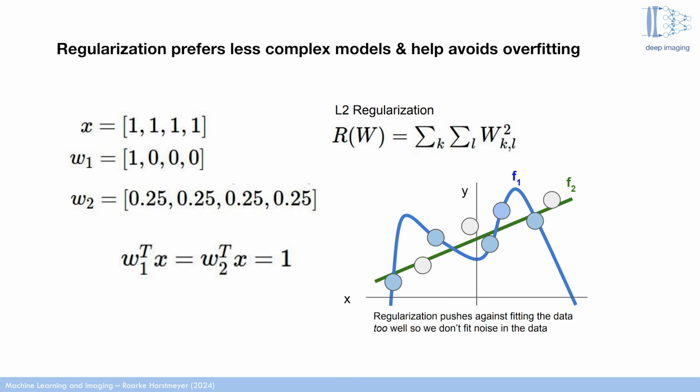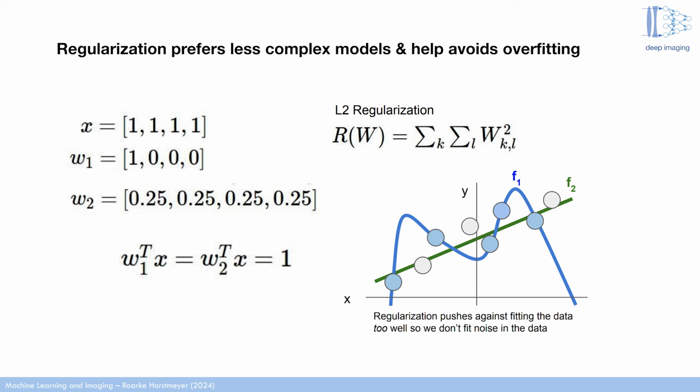So why does adding up the sum of the squares of the weights help prevent overfitting? Here's a simple picture. If we have a vector of weights that's kind of peaky, it has one value that's 1 and lots of other values that are 0, that could be one possible function that we're going to use to draw a classification boundary.